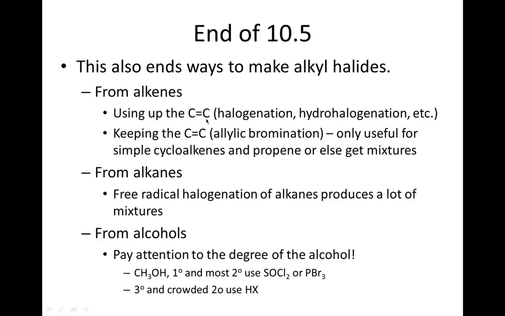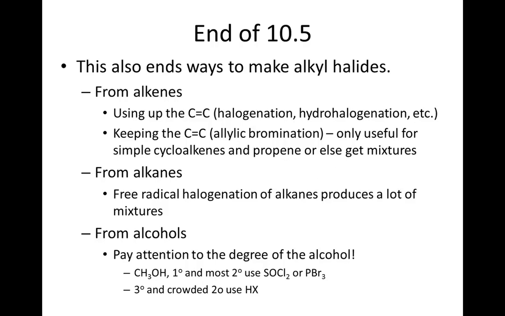And so we exchanged the alkene functional group for a halogen or two halogen functional groups. And then in this chapter we talked about allylic bromination, which allowed us to keep the double bond so we don't use it up. The downside, of course, is it was only useful if we had a simple cycloalkene or propene, or else we got mixtures.